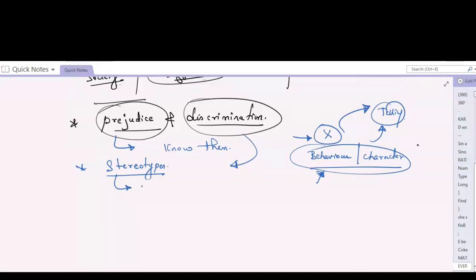Full stop. Example: a common assumption is that only girls cry and boys do not.